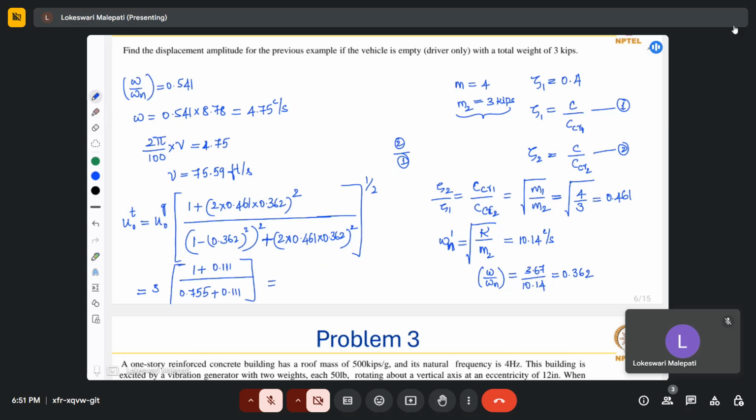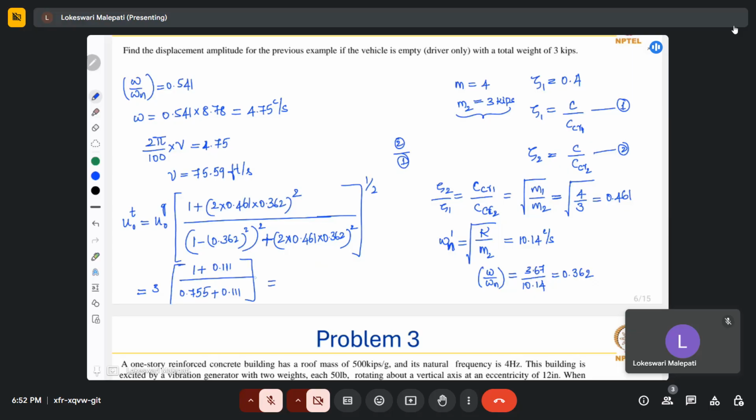Let me check once again because I am getting a value of 3.85. Could you check your answer once again?